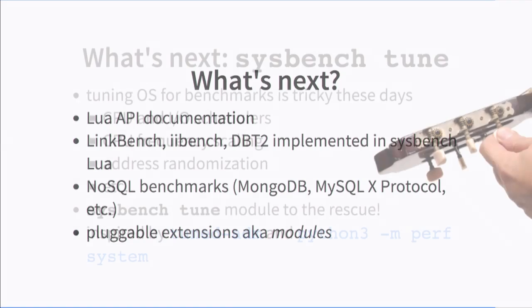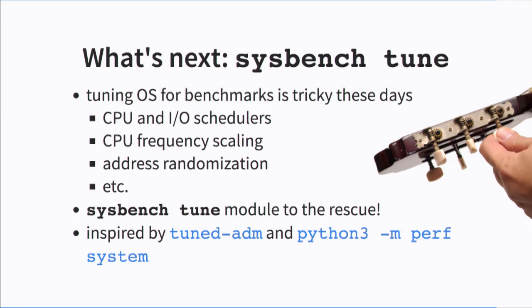To give you an idea of what I'm talking about, here I'm going to show a couple of examples that I'm currently working on. The first one is sysbench tune. One thing that I have to do frequently is to tune operating systems for benchmarks. And it turns out it is a tricky task these days simply because modern CPUs and modern operating systems have too many moving parts that make achieving stable and consistent benchmark results difficult.